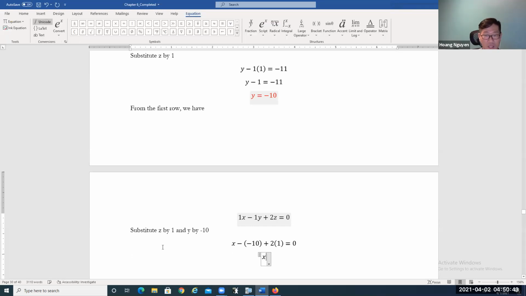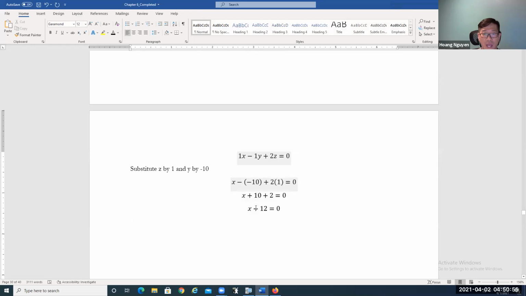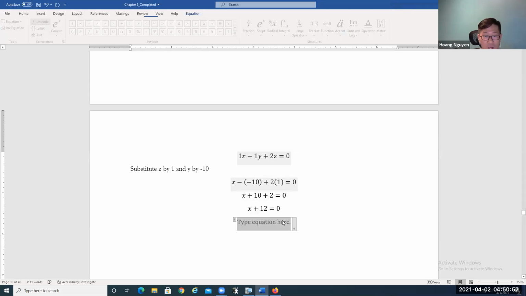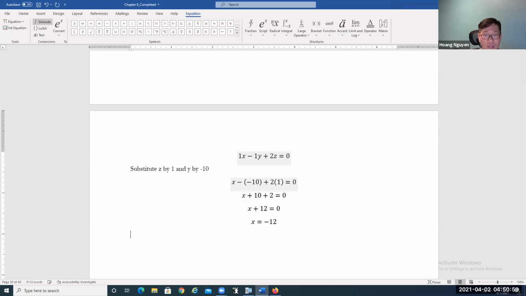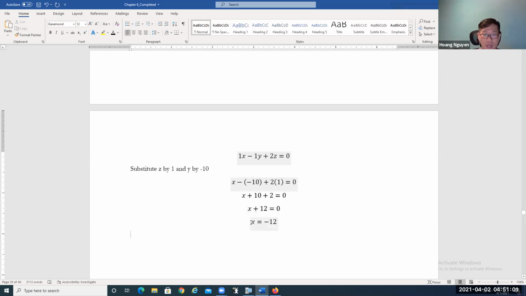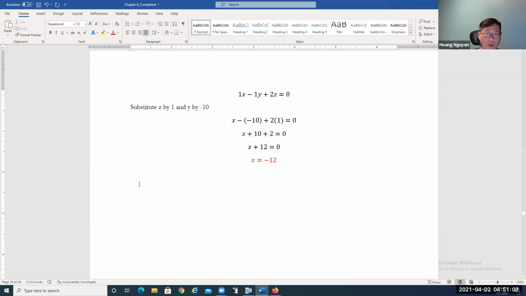Let's see what we're going to get. x minus a negative 10 becomes plus 10. Plus 2 times 1 is 2, equal to 0. So now we have x plus 12 is equal to 0. Now we subtract 12, so we have x equal negative 12. So we have the third solution, x equal negative 12.